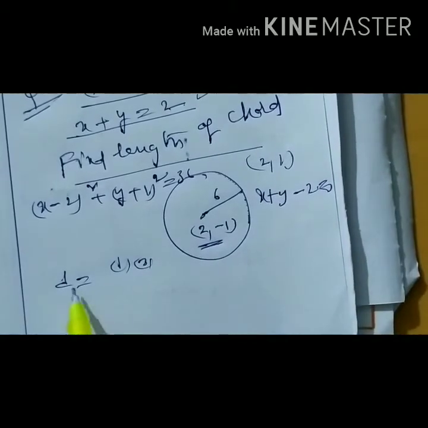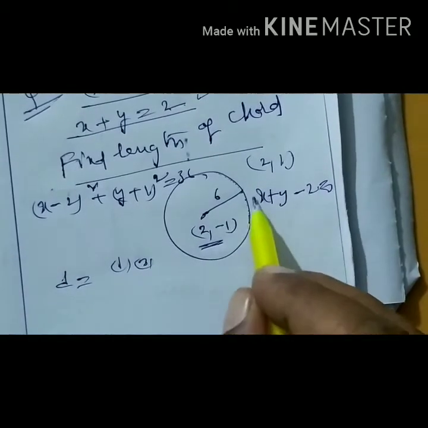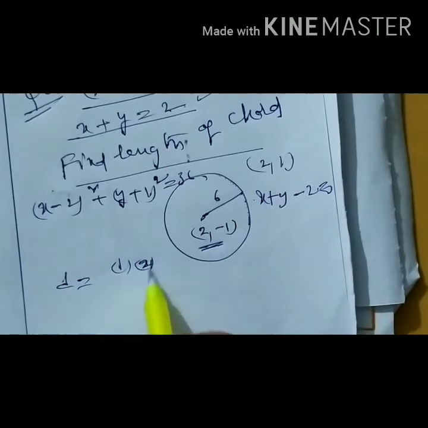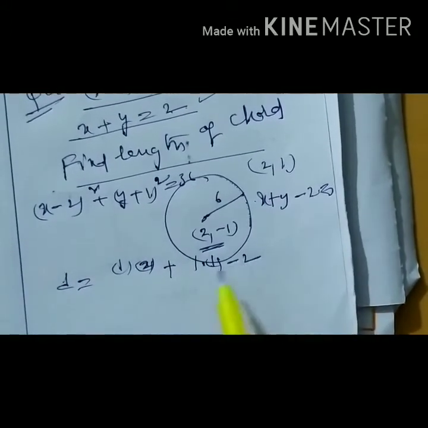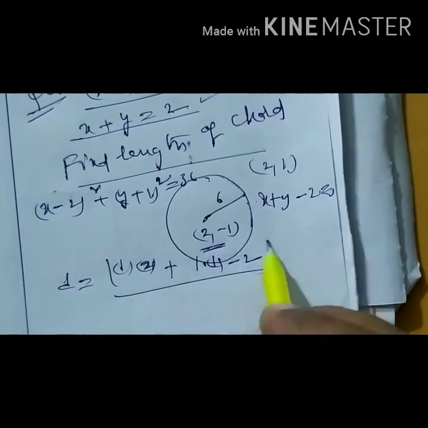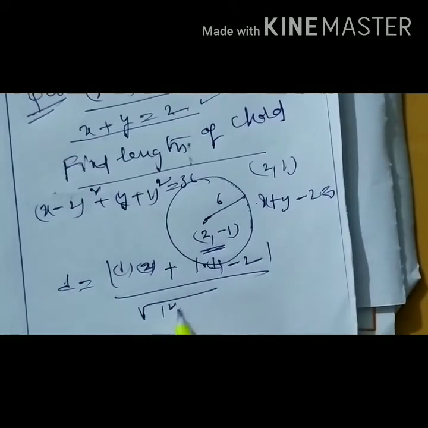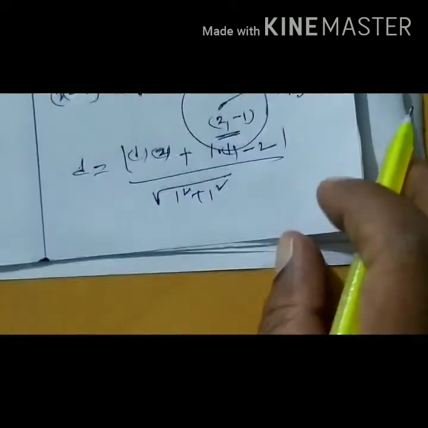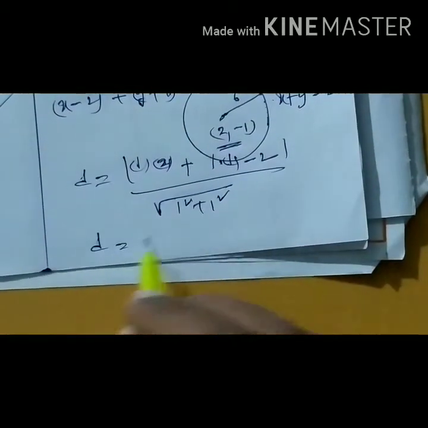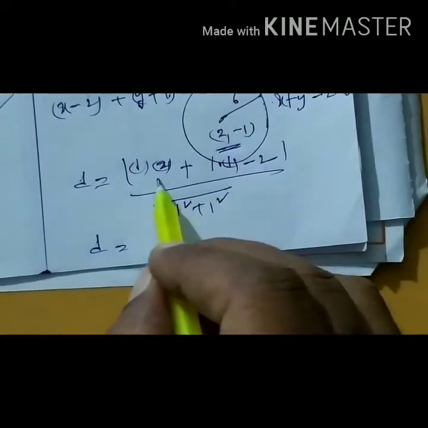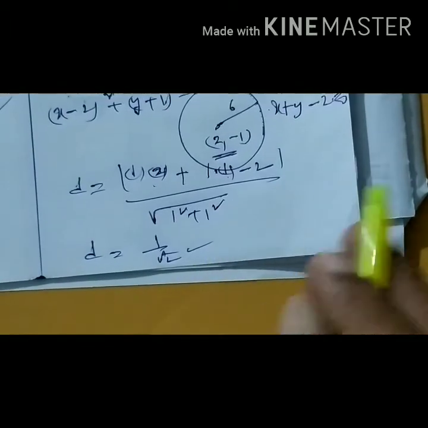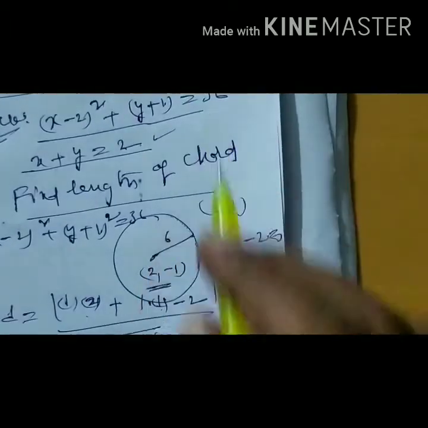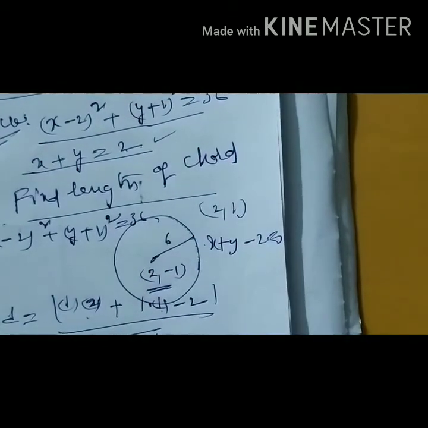So the perpendicular distance is equal to modulus of 1 into x1, that is 2, plus 1 into y1, that is minus 1, minus 2, by root over 1 square plus 1 square. That is the perpendicular distance. Clearly, 2 minus 1 minus 2 gives modulus 1, so d is equal to 1 by root 2, and the radius r is equal to 6.